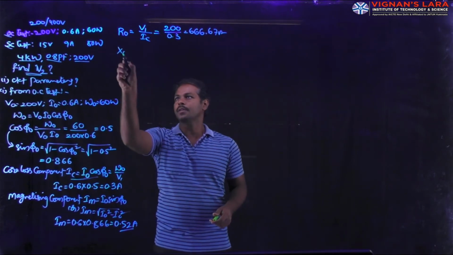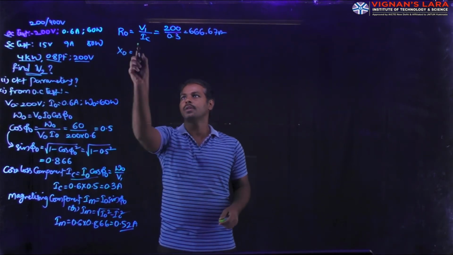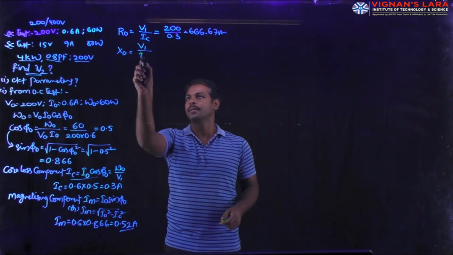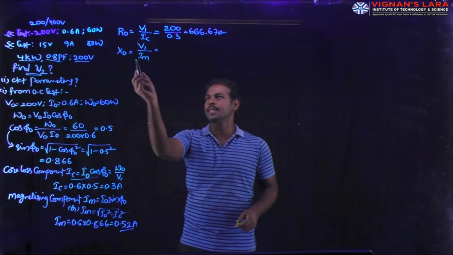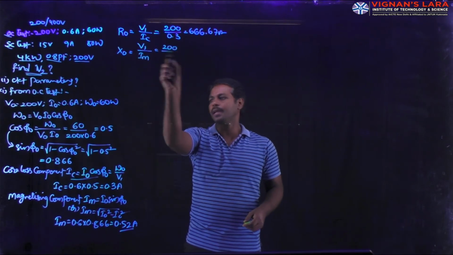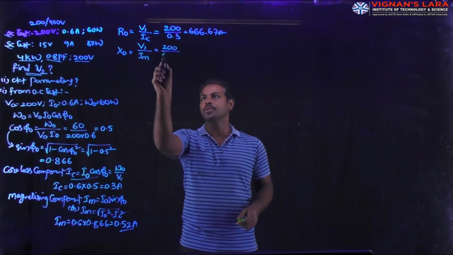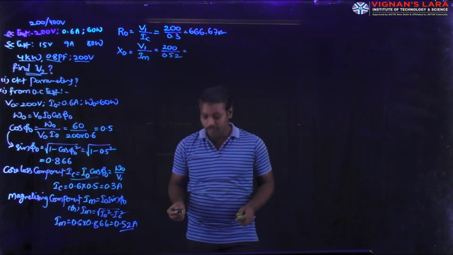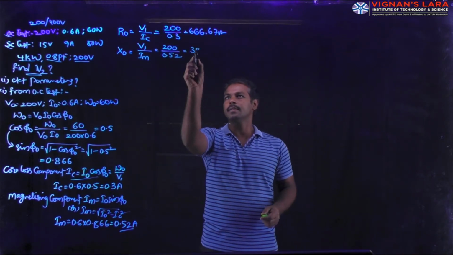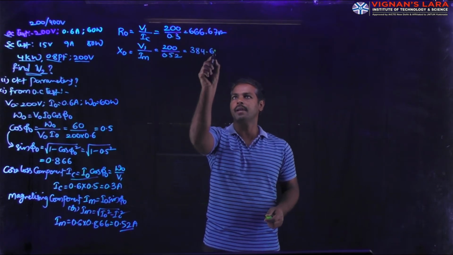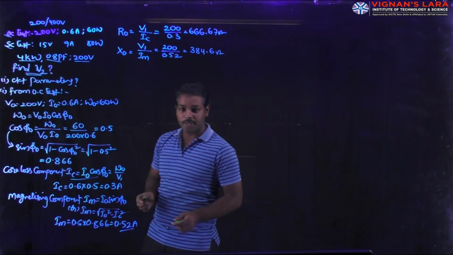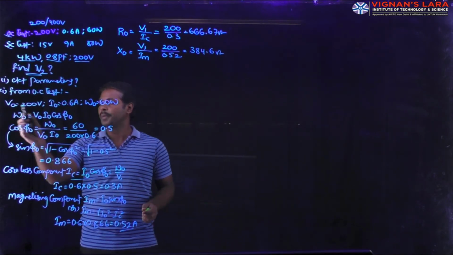X0 is equal to V1 divided by the magnetizing component IM, which is 200 divided by 0.52, equal to 384.6 ohms. These are the circuit parameters calculated using the open circuit test.